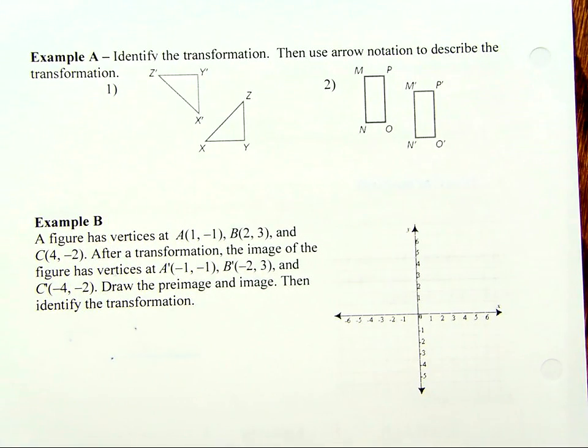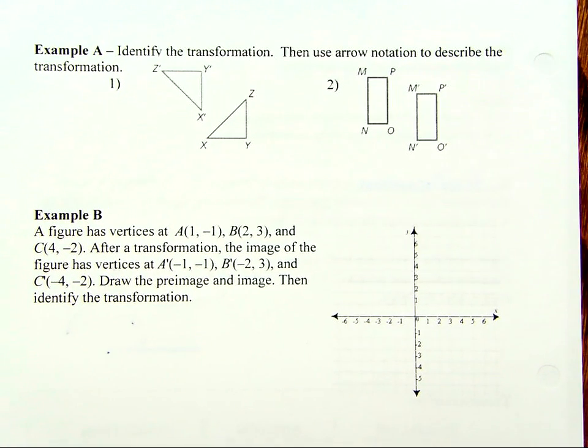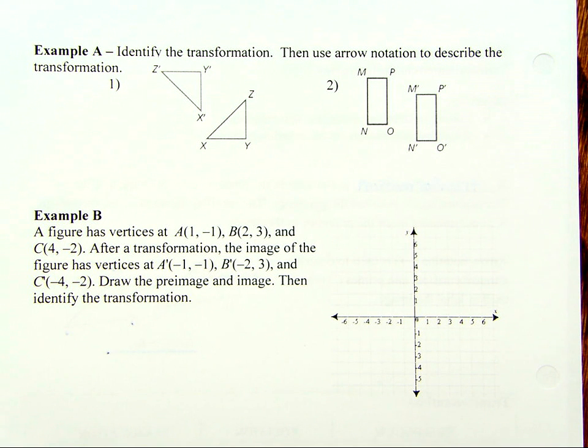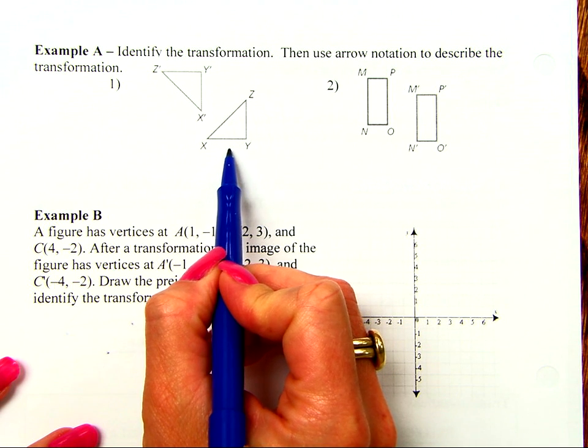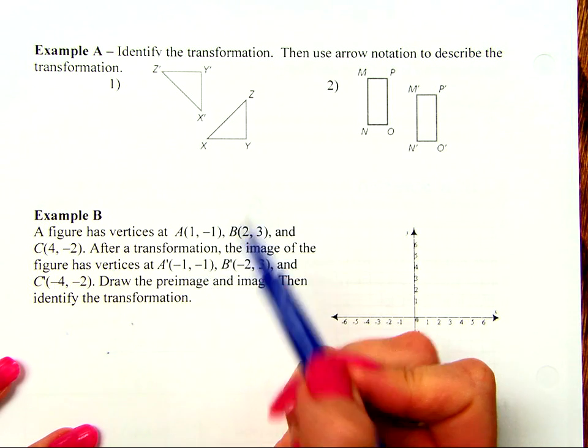On the back side, when you take a look at problems like example A, they're going to ask us to identify some transformations and to also use arrow notation to describe it. So we look at number 1, and we're comparing our pre-image to our image.